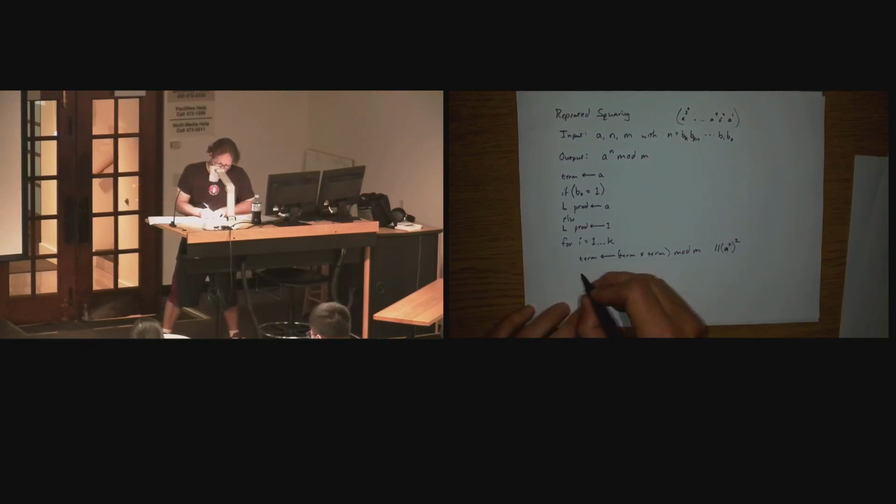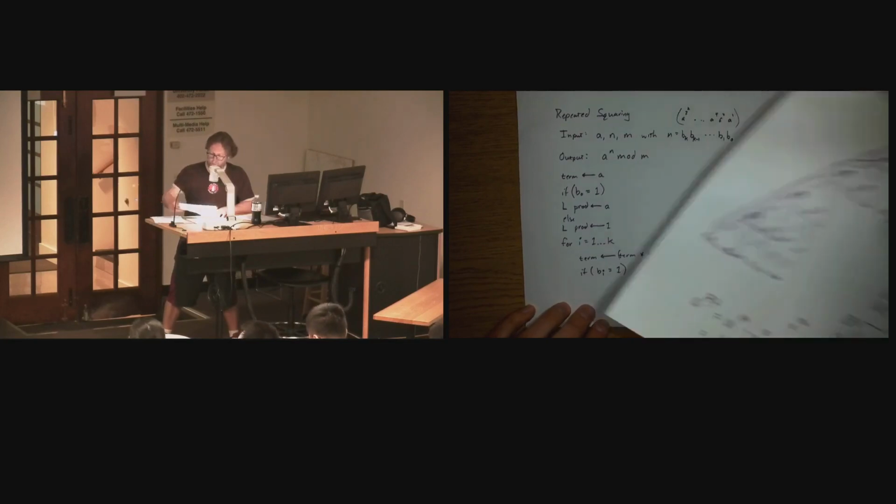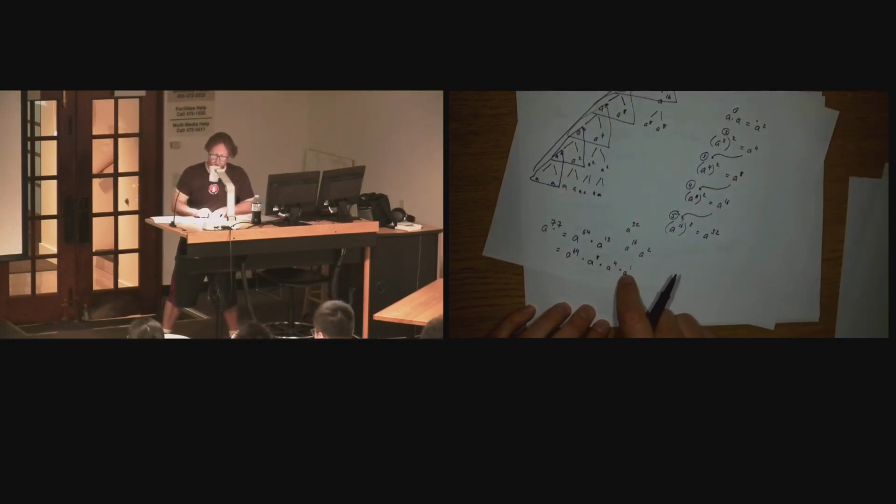Right? And I checked to see, what does this bit look like? If b sub i is 1, then I need to include that in there. This bit was 1, so I needed to include it. This bit was 0, so I don't include it. This bit was 1. I'm going 1, 2, 4, 8, 16, 32, 64. I need to know whether or not I need to include it in this result right here.